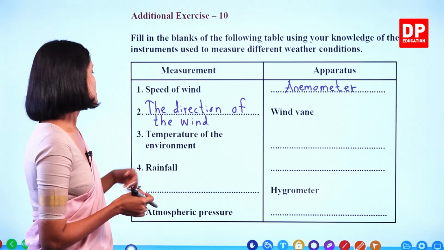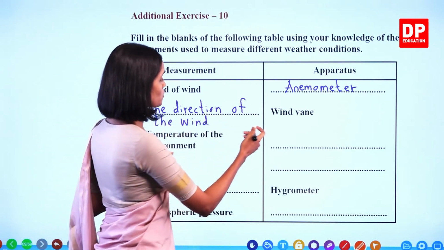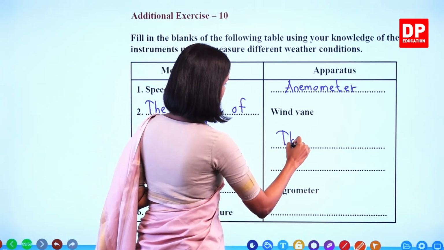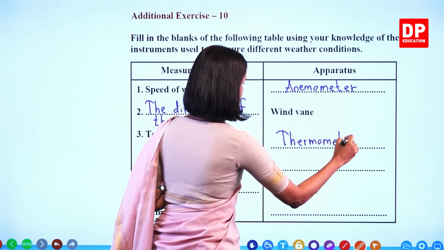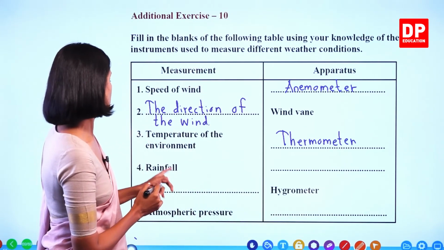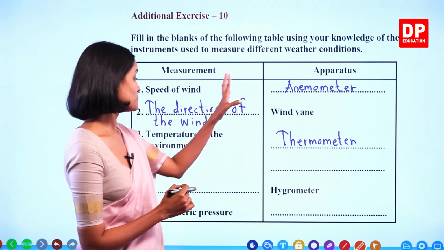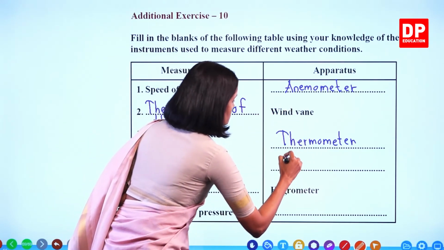Number 3. Temperature of the environment is measured using the thermometer. Right, children? Next one, rainfall. What is the apparatus or the instrument used to measure this one? Rain gauge.